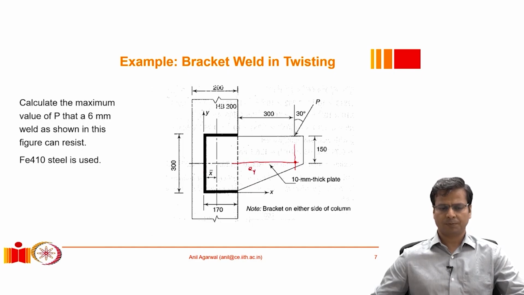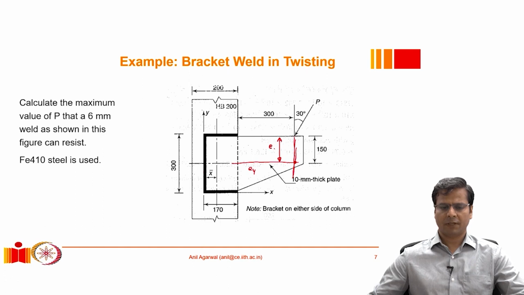This is equal to 300 millimeters here, and the distance of the centroid from this edge, added together. So that is your eccentricity that is relevant for the y component of the force. So we will call it Ey, even though it is in the x direction. Likewise, the eccentricity which is to be multiplied with the horizontal force will be this distance.